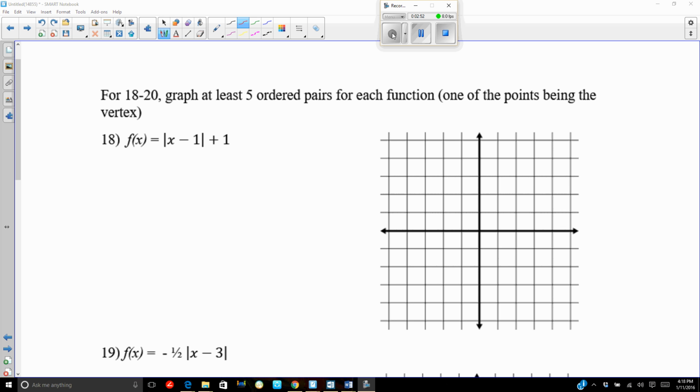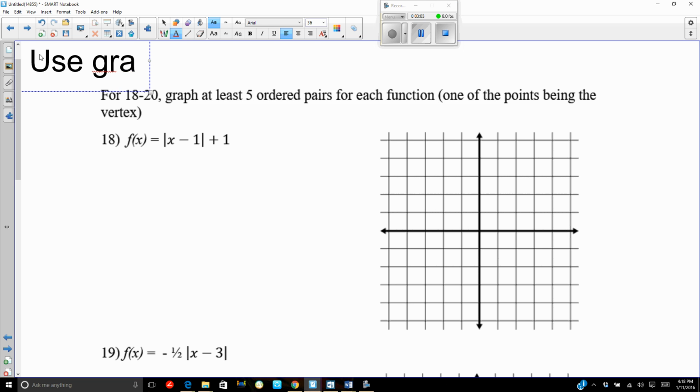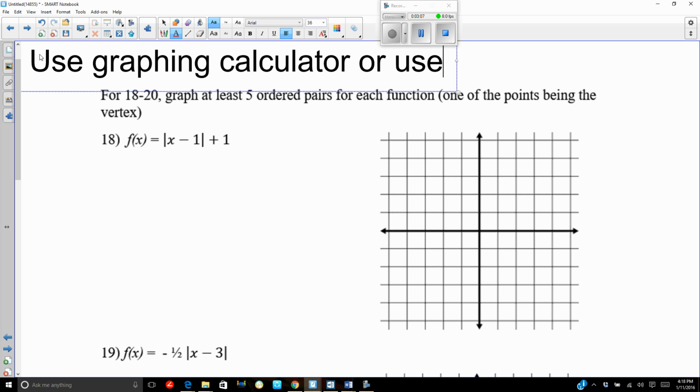All right, so we've jumped ahead to the graphing section of this test. Guys, you can use your graphing calculator for this, or you can use the shortcuts we talked about last class. Either way works. It says 5 ordered pairs.